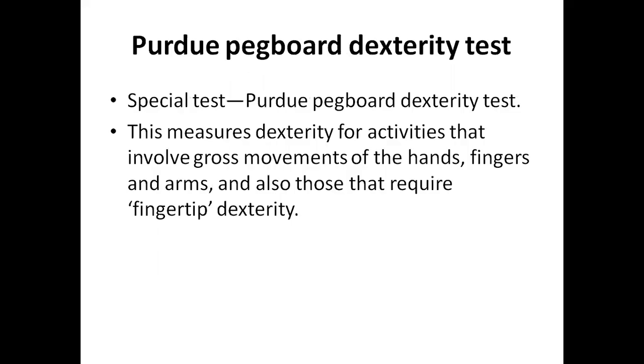The specific device which we discussed previously was the Purdue pegboard dexterity test. This is a special test which checks dexterity. As we discussed previously, this pegboard consists of a rectangular board with two sets of 25 holes, arranged vertically, and it has four concave cups at the top as well.